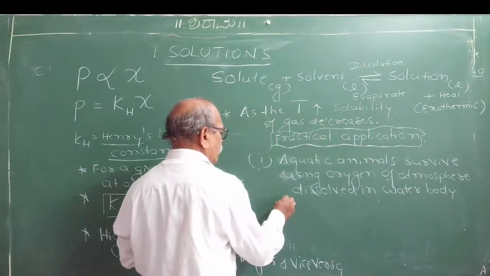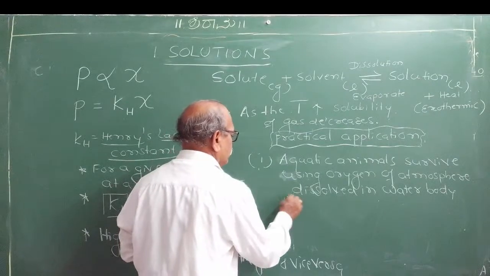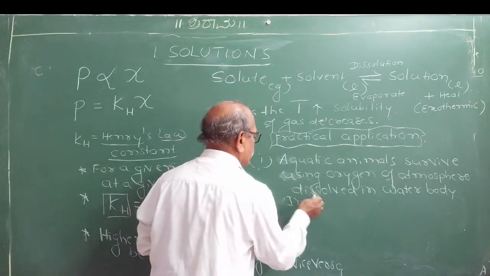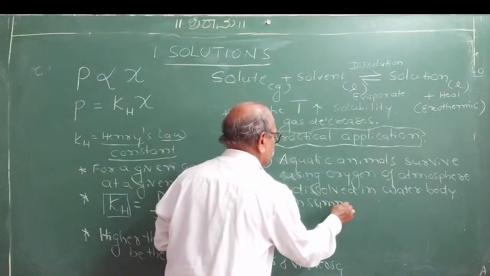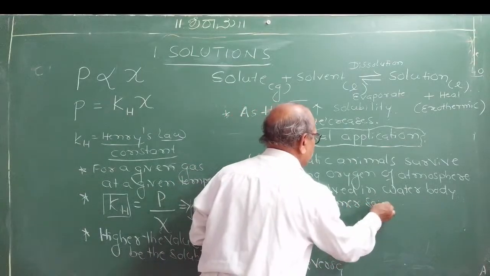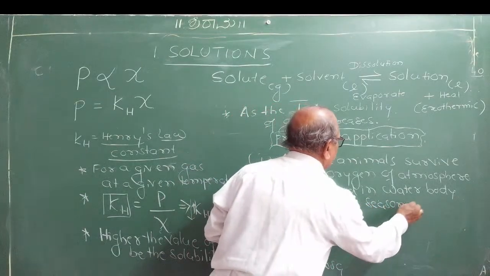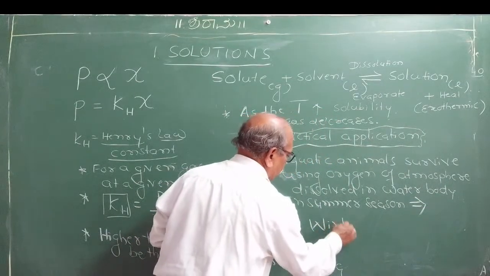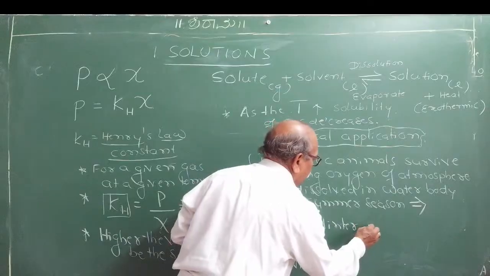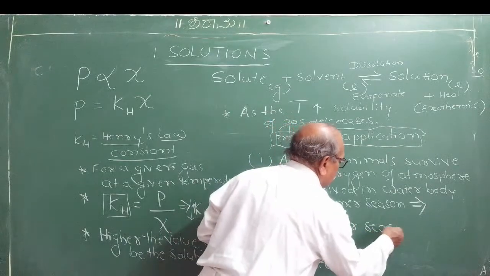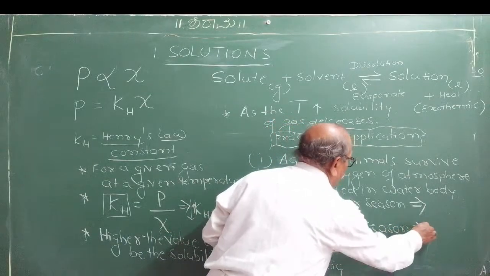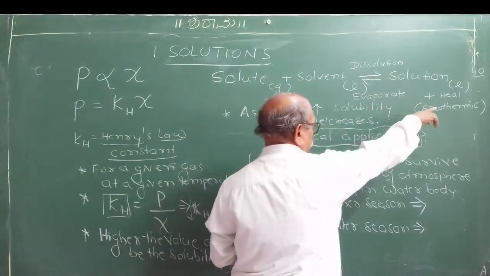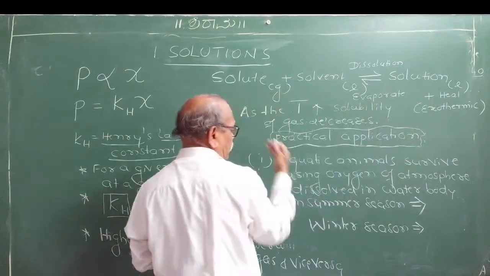But in summer season, what happens? In winter season, what happens? You can think and tell me. In summer season, the forward reaction is exothermic, therefore the backward reaction takes place.